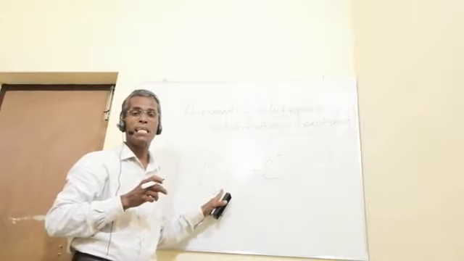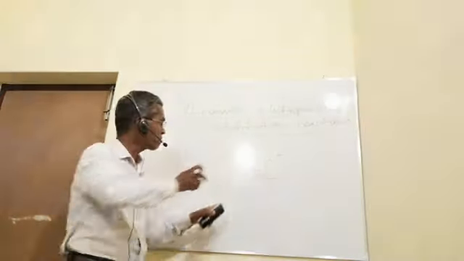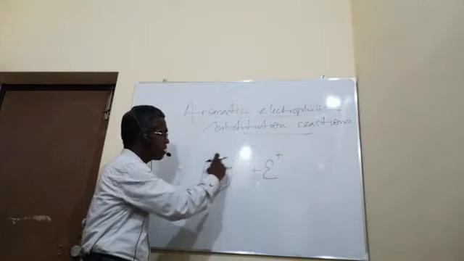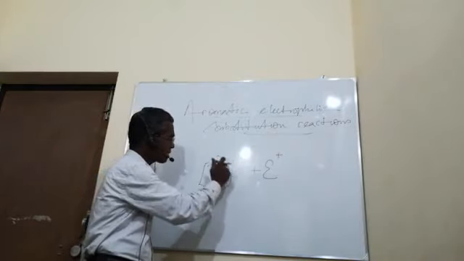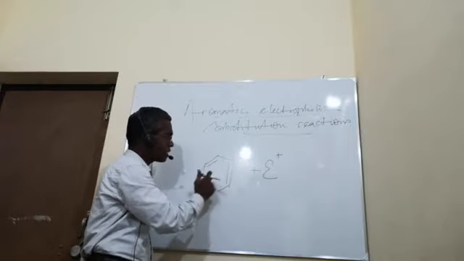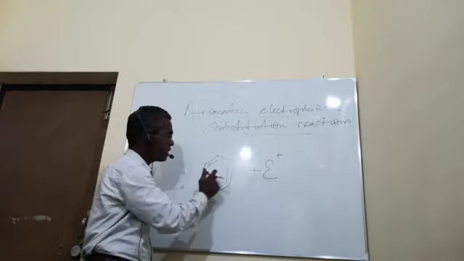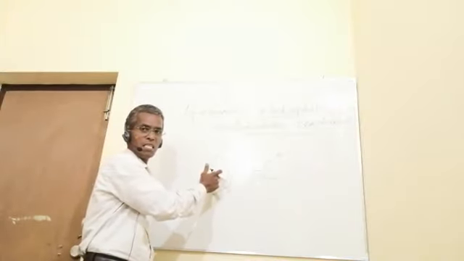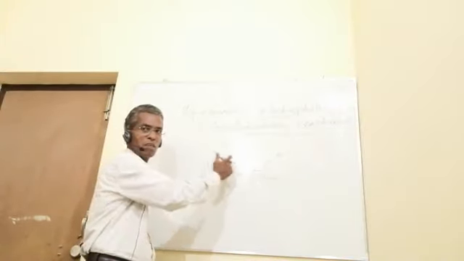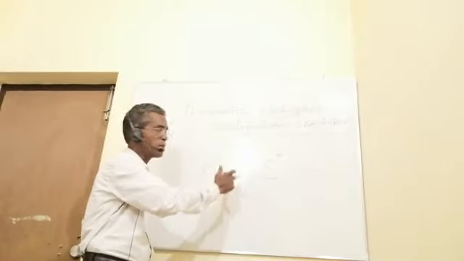Benzene is usually an electron rich system because of resonance delocalization of pi electrons. This movement of pi electrons inside the benzene ring ultimately gives stability to this benzene ring. Therefore, benzene is highly stable. Benzene is electron rich because of the movement of these pi electrons inside the benzene ring.